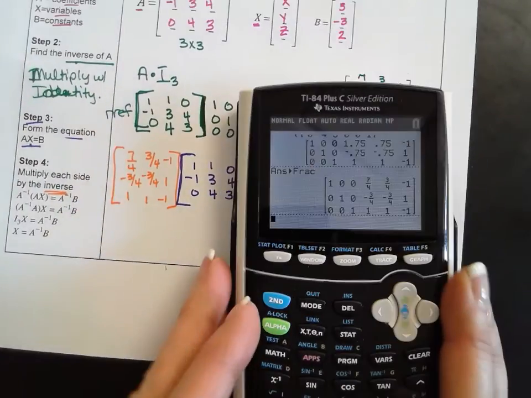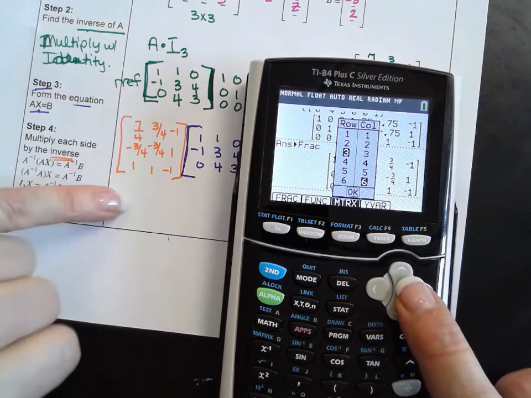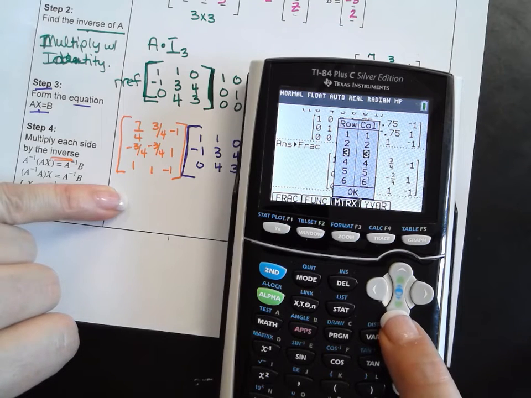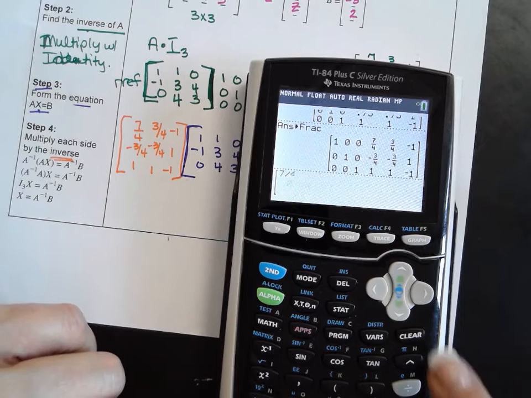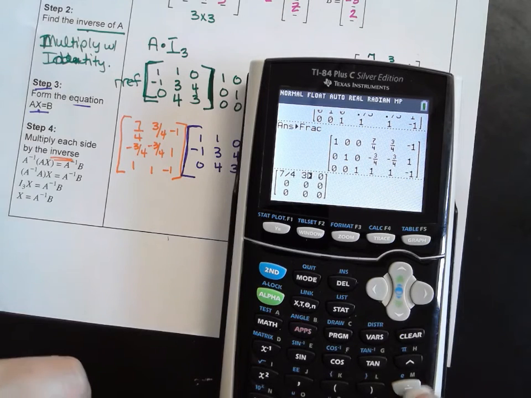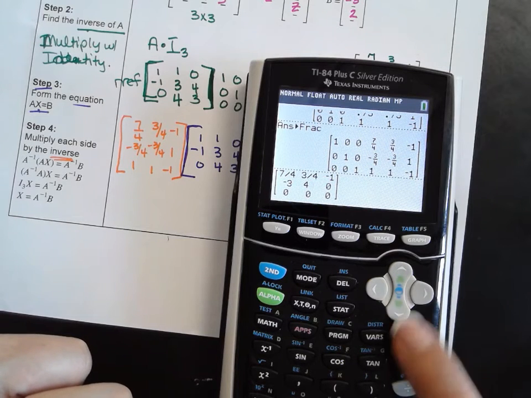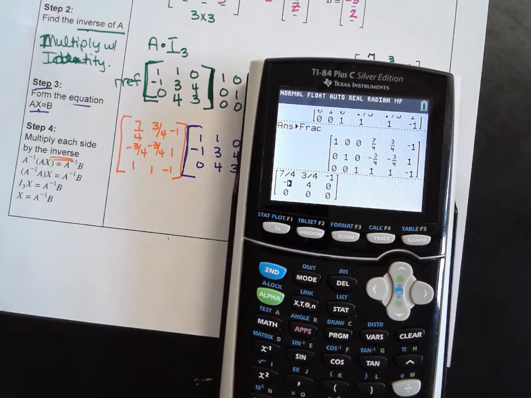So when I multiply this side, I have a 3 by 3. So I have 7/4, 3/4, negative 1. I'm sorry? To reduce, what do you mean? I've actually done that before.